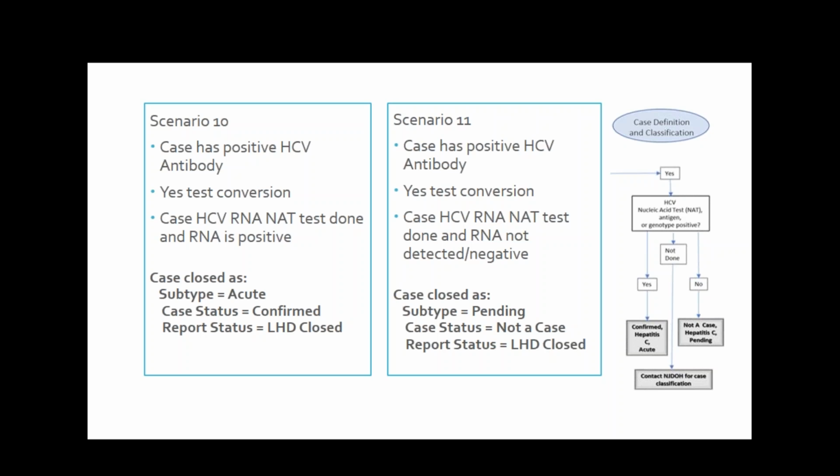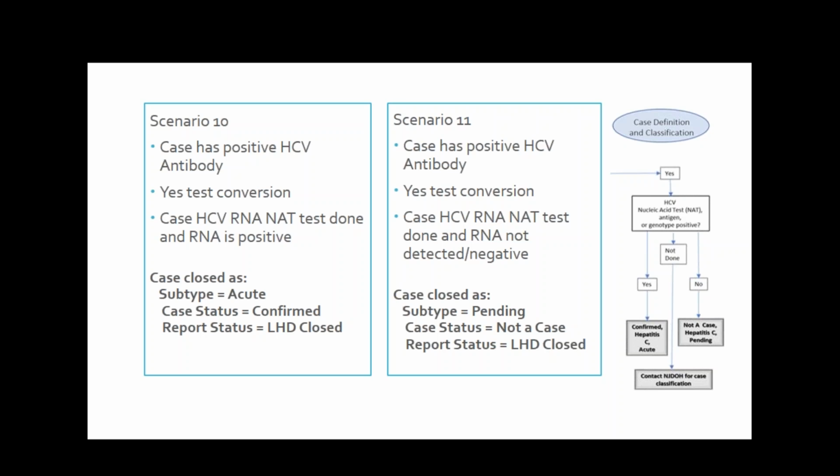Scenario 11. That's on the very right side of this part of the algorithm. The case again has a positive HCV antibody. The case has a test conversion. Now, this case has a reported NAT which is negative or not detected.